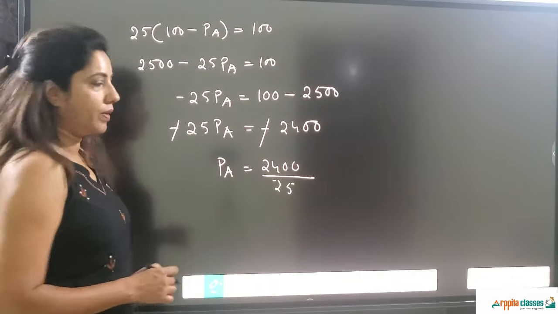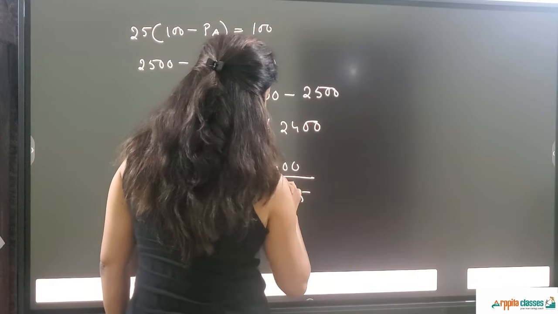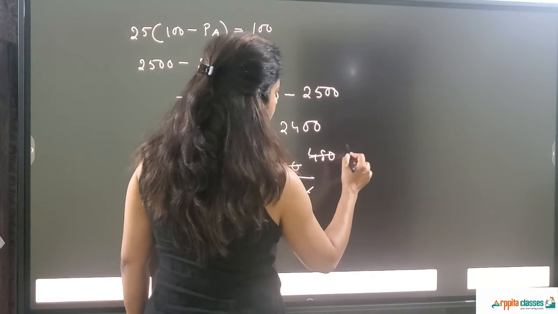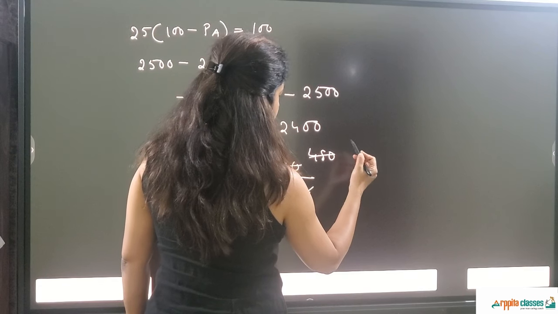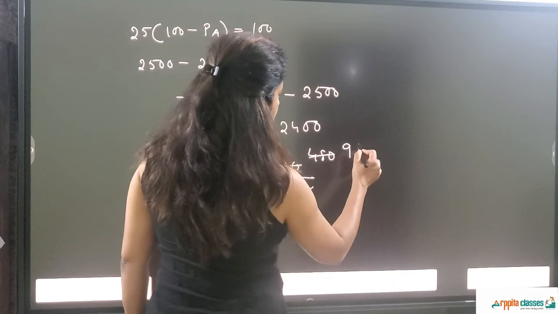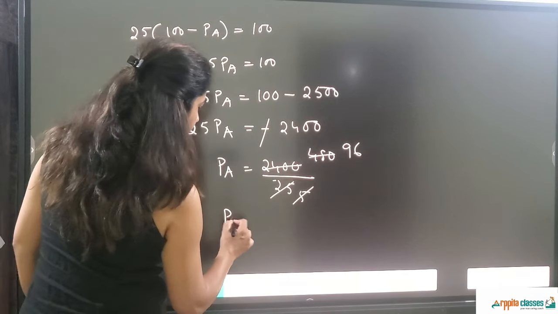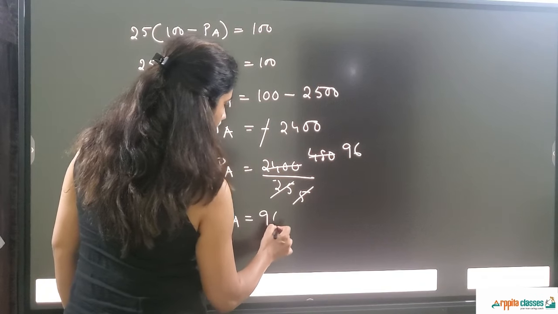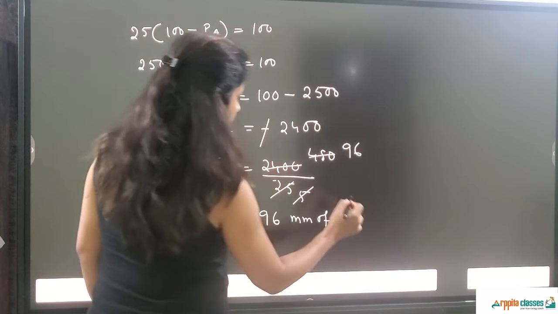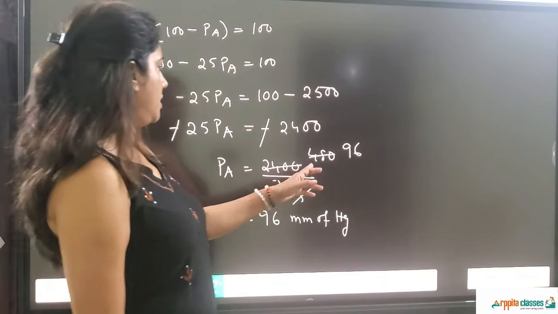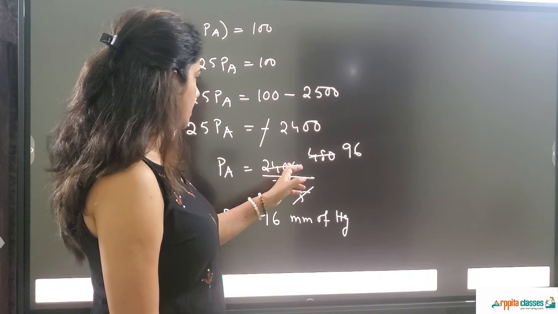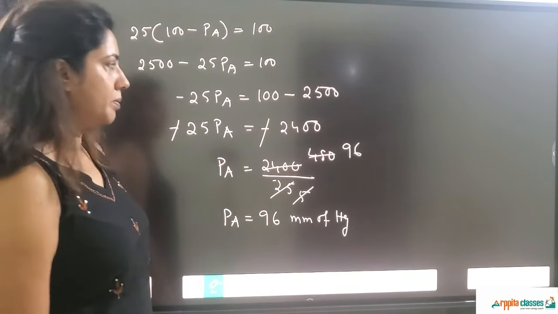We can cancel it out with 5. So it is 96. So Pa is equal to 96 millimeter of Hg. Is it correct? Yes, 96 millimeter of Hg.